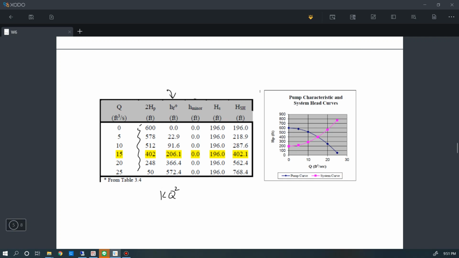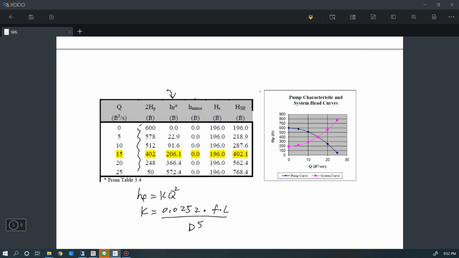that I show here. The friction head loss is equal to K times Q to the power of 2, which K is equal to, this is the English unit, so it's equal to 0.0252 times factor F times L divided by D to the power of 5.